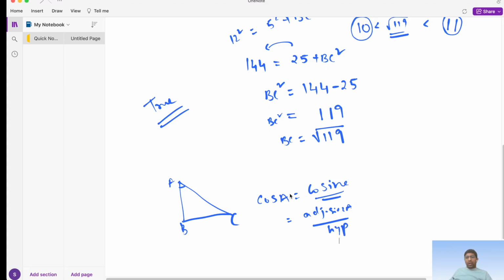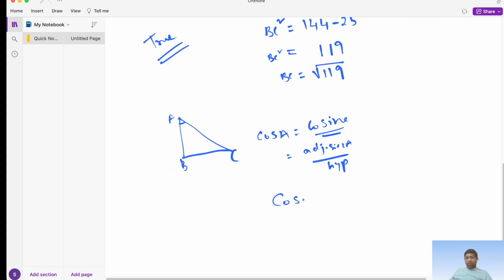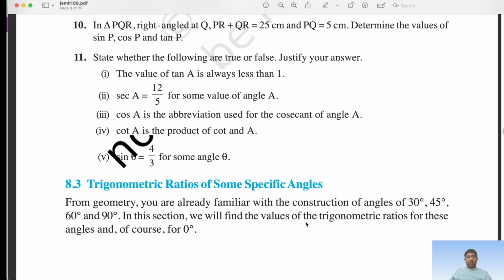Whereas cosecant A is nothing but the reciprocal of sine A, that is hypotenuse by the opposite side of angle A. So this statement is false.